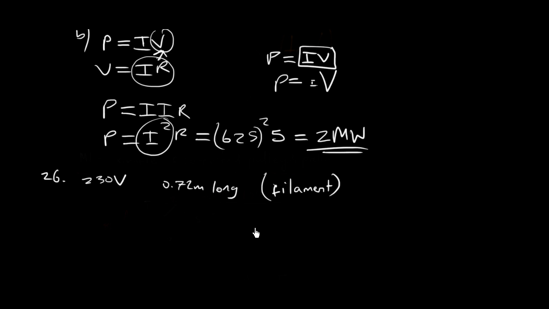And it says that it has a radius of 6 times 10 to the minus 2 millimeters. And it says that the resistivity of the filament metal, resistivity rho, is equal to 1.2 times 10 to the minus 5 ohm meters.